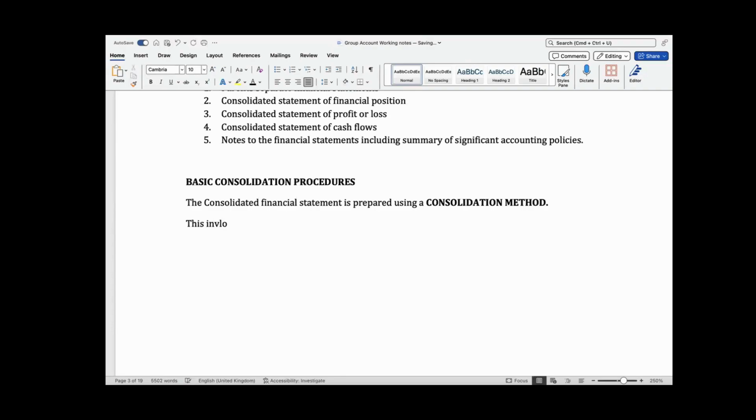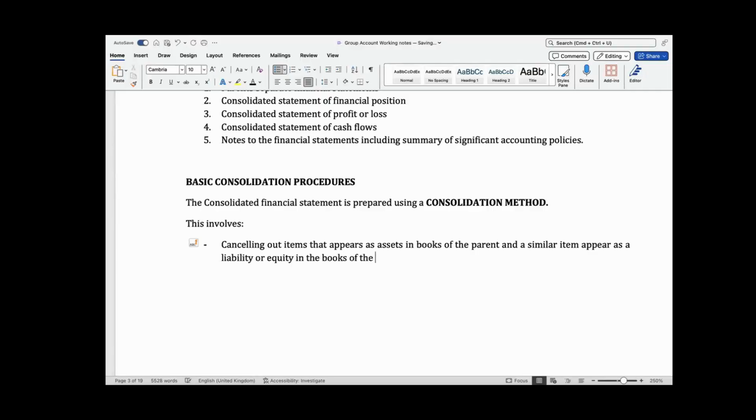And this involves two things. You cancel out items that appear as assets in the books of the parent and a similar item appears as a liability or equity in the books of the parent, and vice versa.